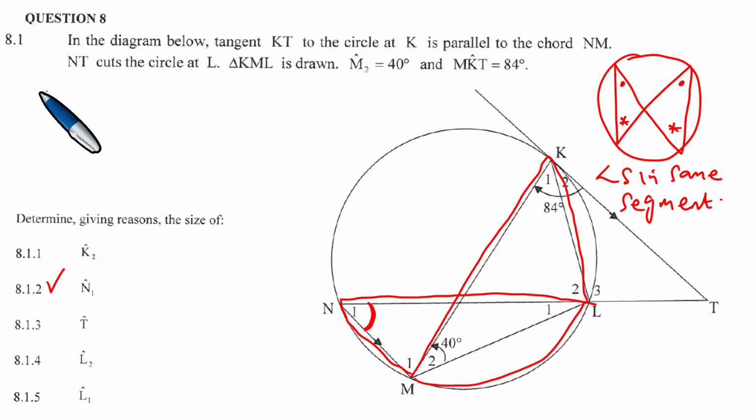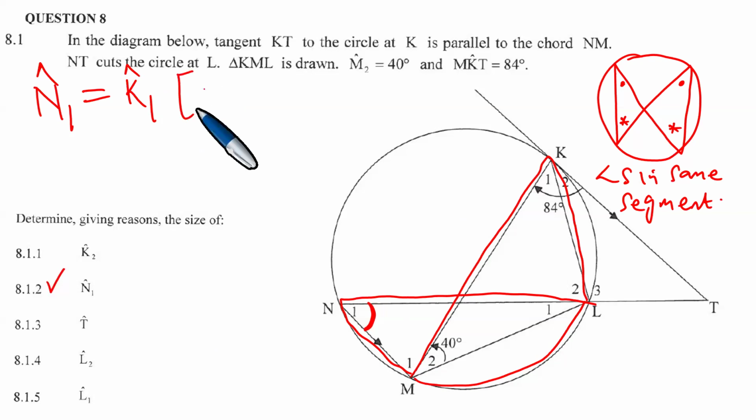And therefore, we have the size of angle N1. The angle N1 is equal to what? Right, we're able to see clearly what that is. The angle N1 equals the angle K1.